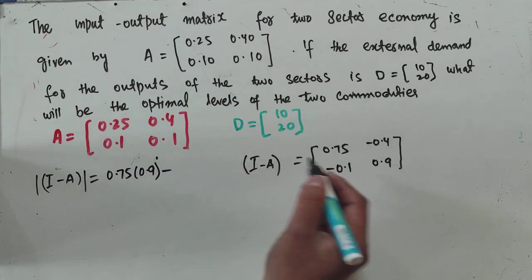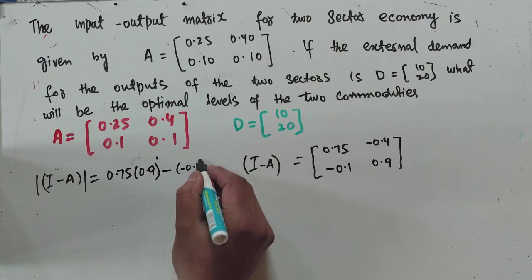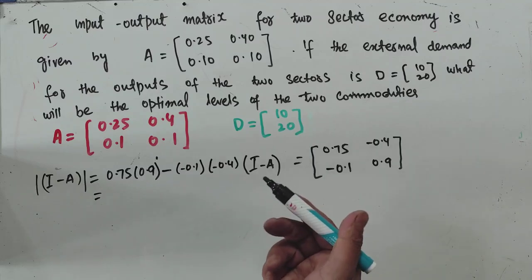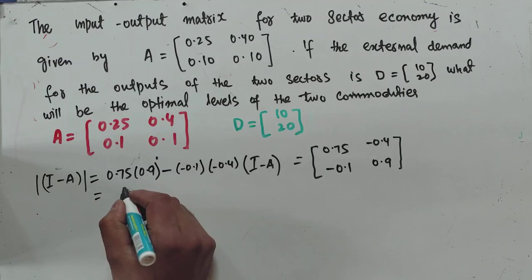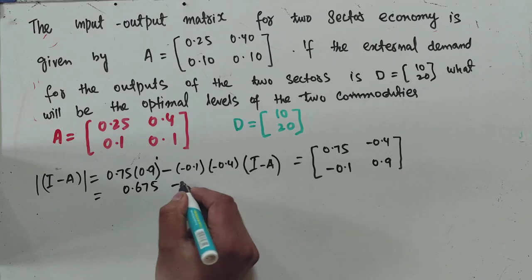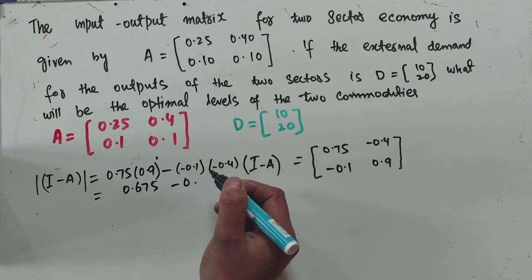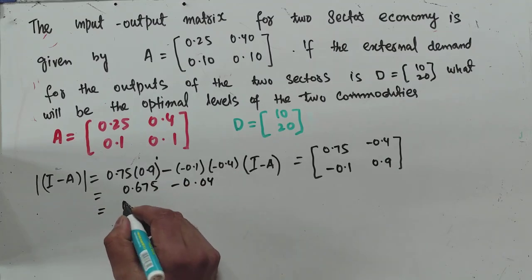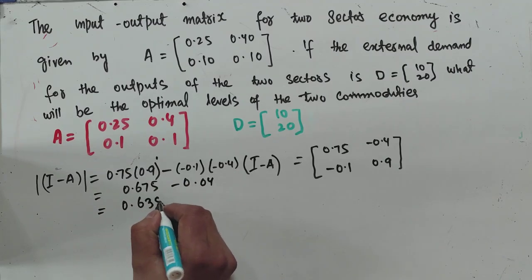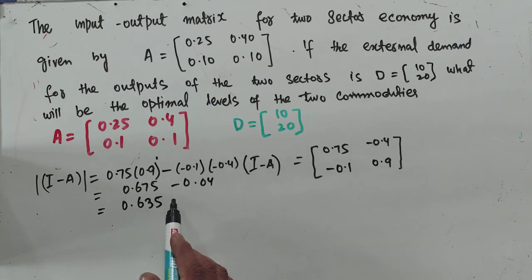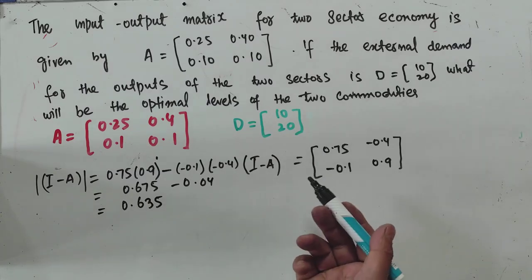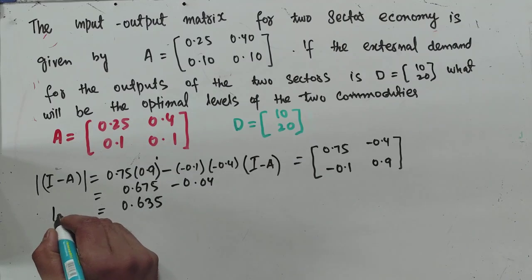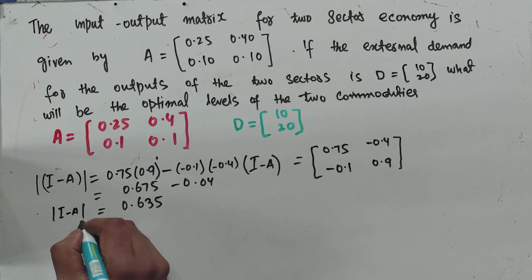From this we subtract the product of minus 0.1 times minus 0.4. When we solve this, the first term comes out to be 0.675 and the second term comes out to be 0.04, so it comes out to be 0.635. If it was 0, then the system was not feasible. Since it is not equal to 0, we have the determinant of I minus A equal to this.